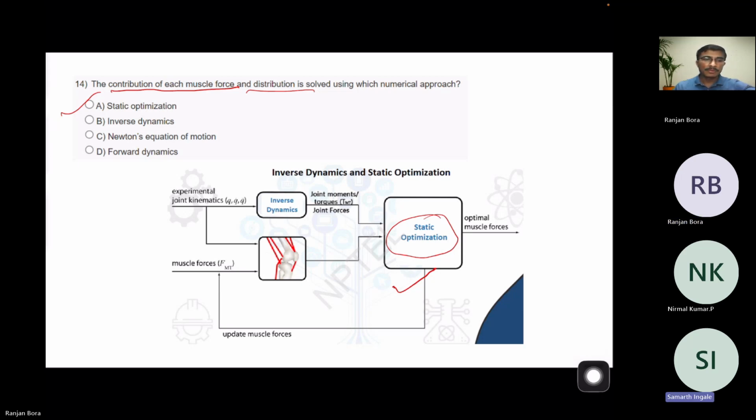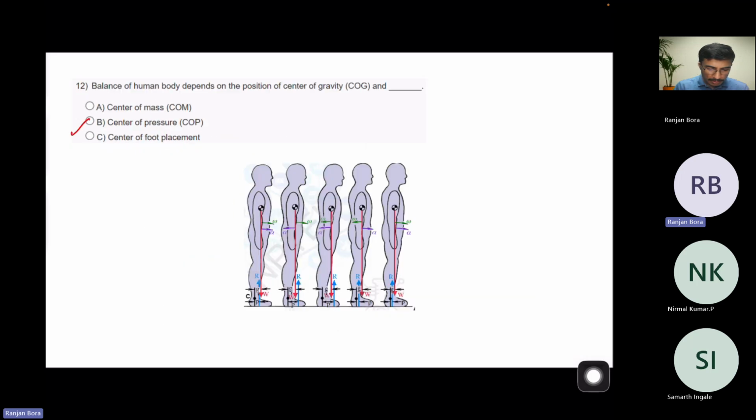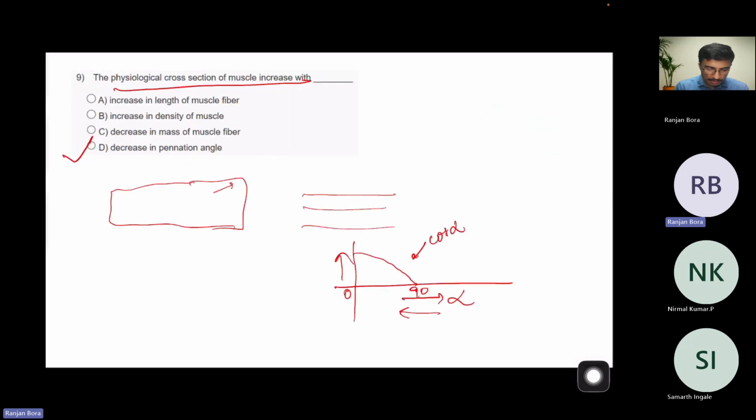Sir, but forward dynamics also takes muscle force as input. Okay, I'll see what the forward dynamics was.